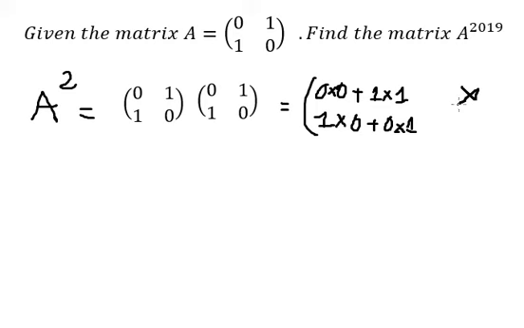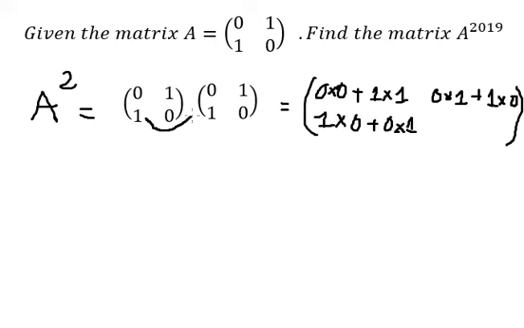About this location, that should be this one and this one. So number 0 with number 1 plus number 1 with number 0 in here. And the last one, that should be this one and this one.